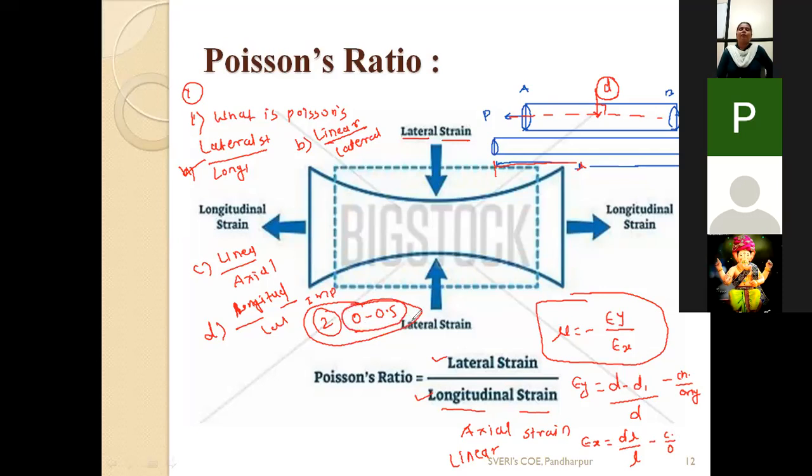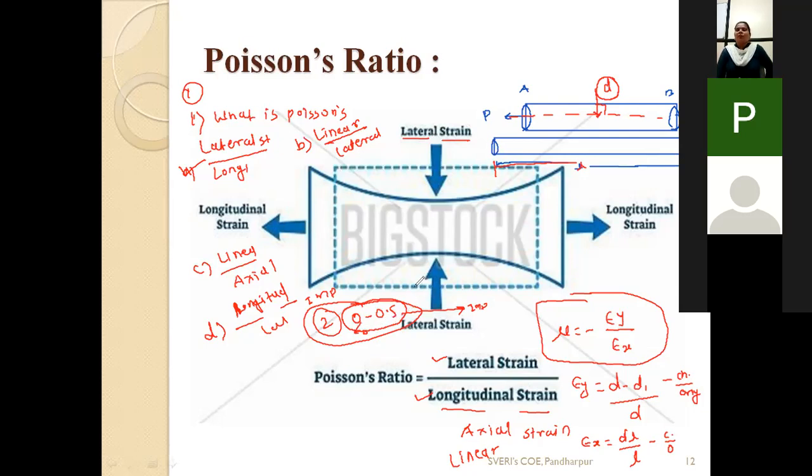Now you tell me the maximum value of Poisson's ratio for engineering material, how much is it? 0.5. This thing is most important. The value of Poisson's ratio for engineering material is 0.5 maximum and minimum is 0.